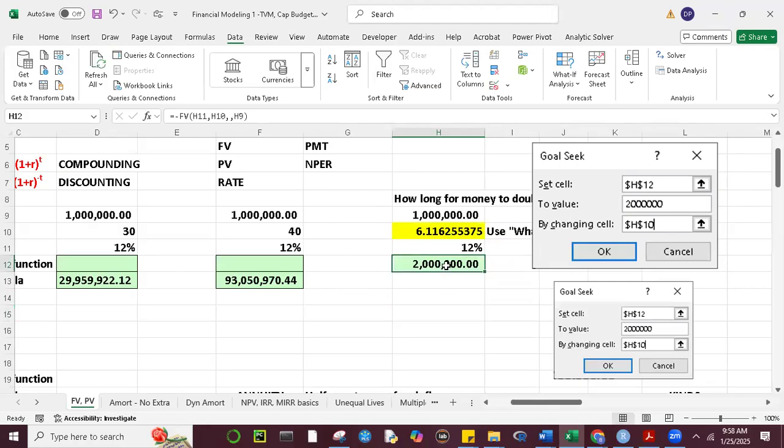If this was blank, class, then this would not run because there's no link to your present value, to your time, to your period, and to your rate. You should set up your model first and then do your Goal Seek.